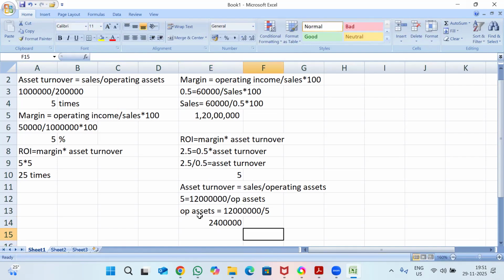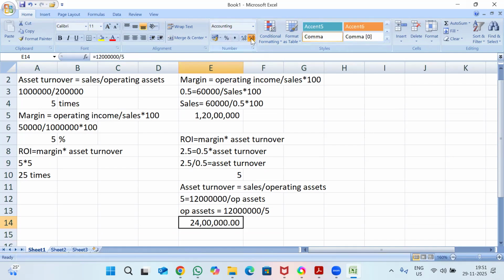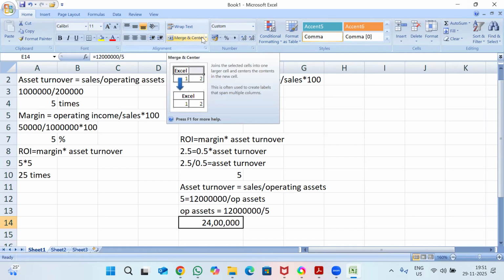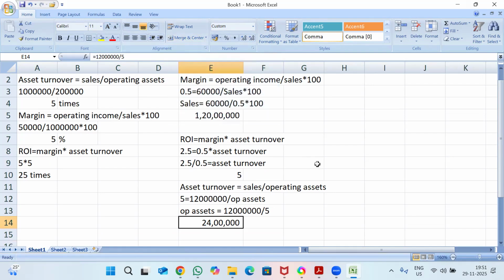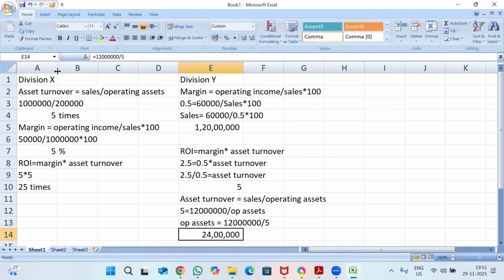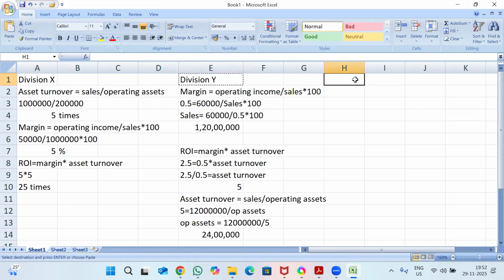So 24 lakhs will be my operating assets. Now we have completed division Y. Now let's move on to division Z.